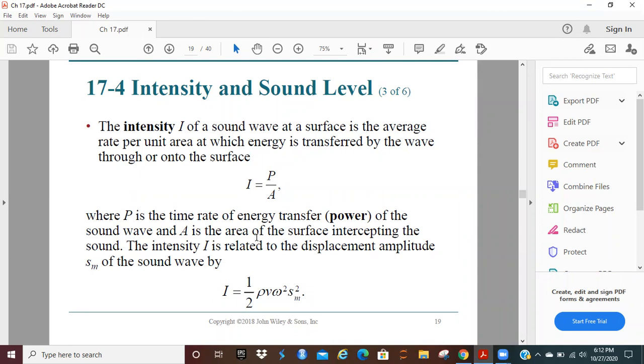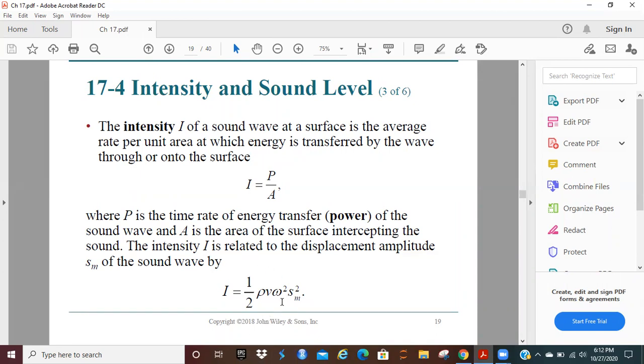So the intensity is basically going to be your power divided by the area. Power is the time rate of energy transfer, and then the area is that of the surface intercepting the sound. So the intensity I is related to the displacement amplitude of the sound wave by this particular formula.